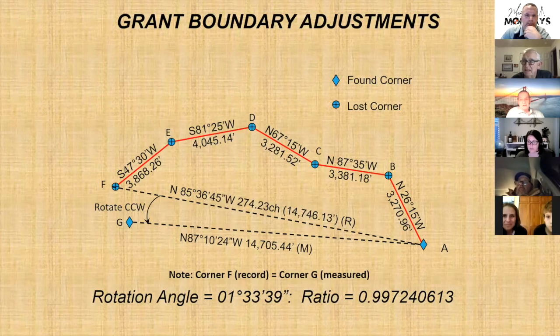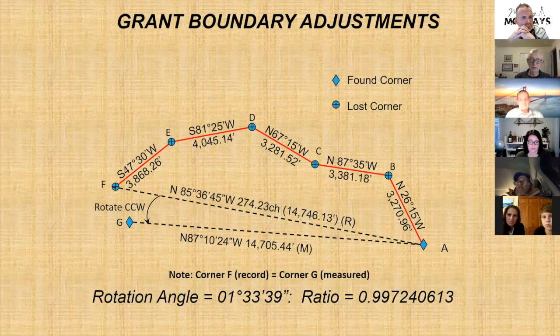Jim, you might want to address a little bit the significant difference between the compass rule and this broken or grant boundary. Oh, yeah. A compass rule adjust not only adjusts the distances, but it also adjusts the angles. A compass rule adjust was a great tool for many, many years, but it treats the bearings and the distances as the same, not one better than the other, but the same.